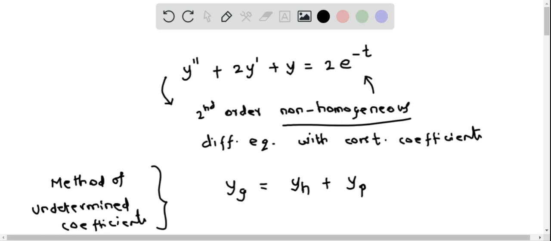So first we have to calculate the homogeneous solution, and then we calculate the particular solution, and then we add them together, which gives the general solution of this differential equation.